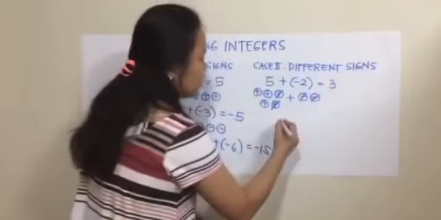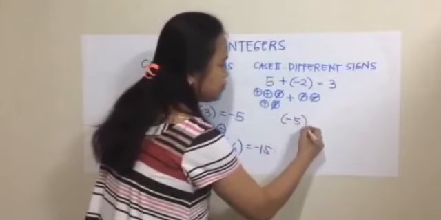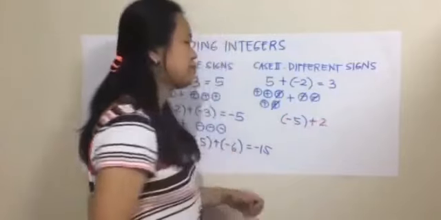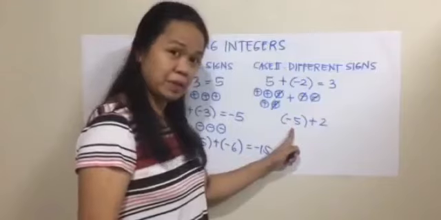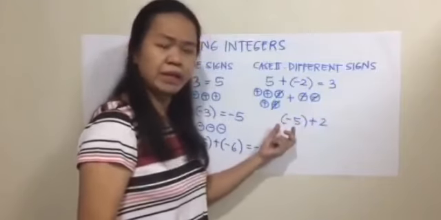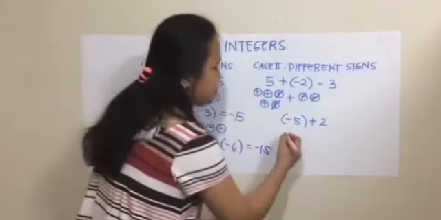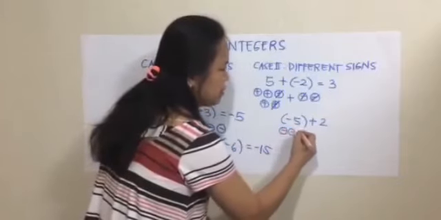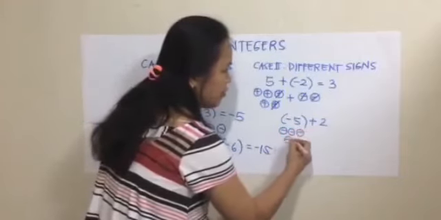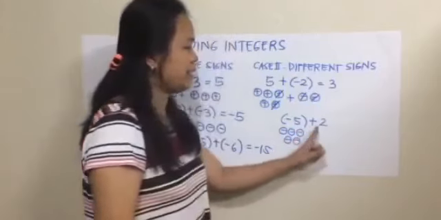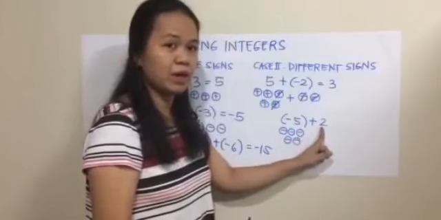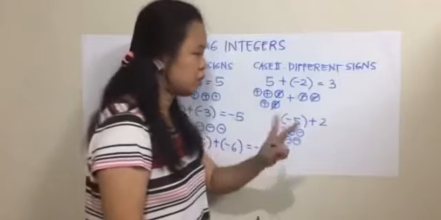Okay, what if you have negative 5 plus 2? So here we have negative numbers, so we are going to draw how many negative chips? Yes, we are going to draw 5 negative chips. So 1, 2, 3, 4, 5. And then here, this is positive 2, so we are going to draw 2 positive chips.